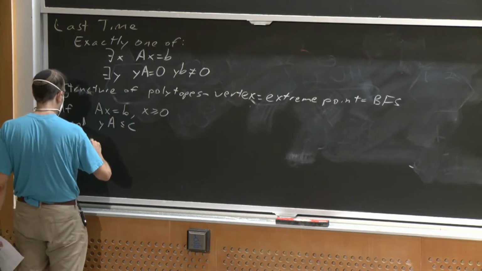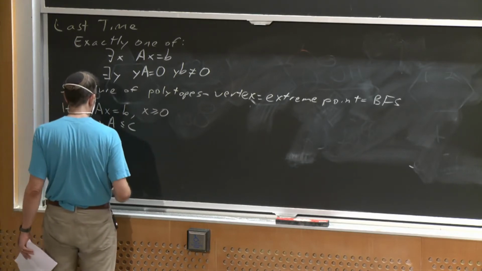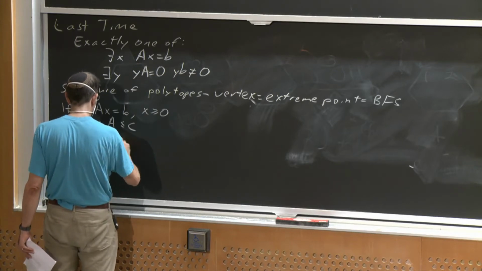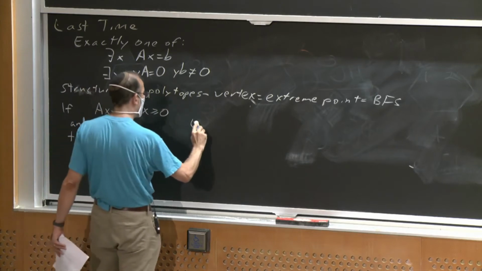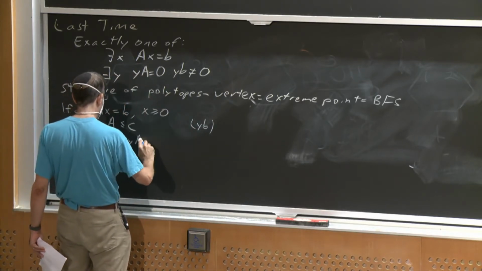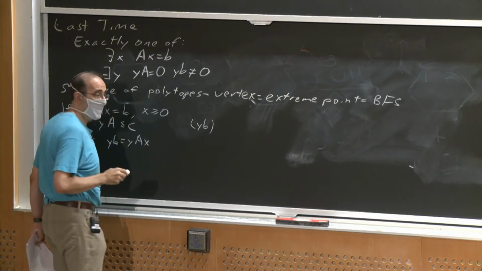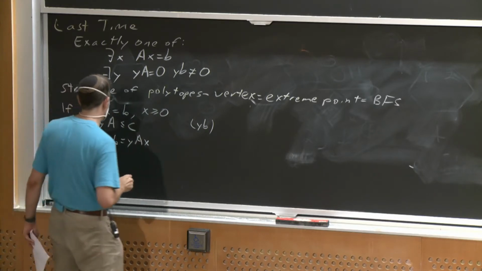Then we know that yb, which is the objective in the canonical form, is equal to yAx because of the way that x satisfies the constraints.